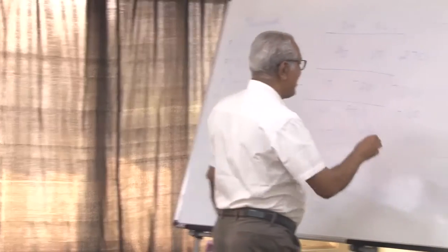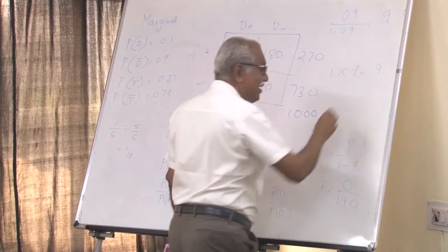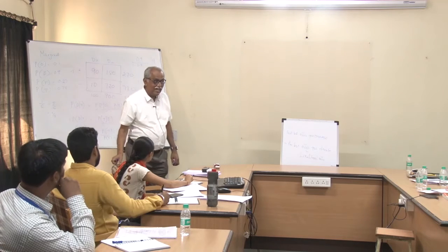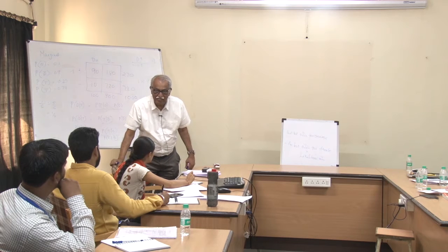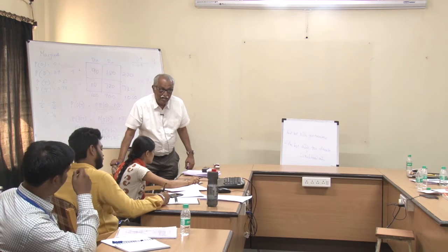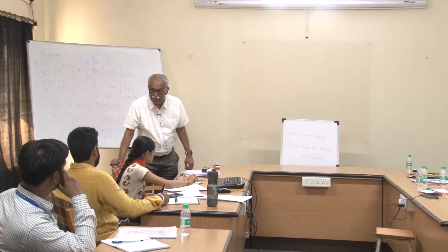Okay, so I multiplied that. It is equal to 9. What is that? That is the post-test odds for disease. It is not post-test probability. It is not positive predictive value. It is only a post-test odds.